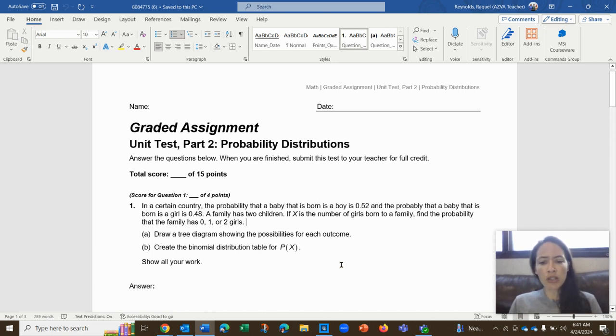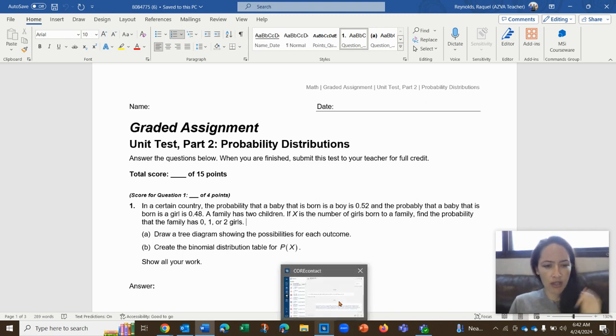So that's why it's really close to half boys, half girls. But just like we did with the flipping of the coin, in real life, the real experiment can change that probability slightly more or slightly less one way or the other. But the more and more trials we experience, the closer it gets to the theoretical probability. And that's the law of large numbers. But you can think about that later.